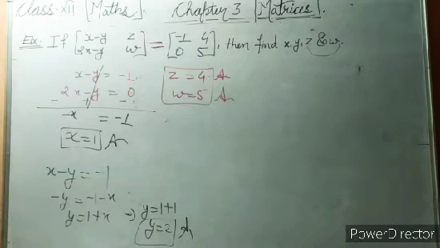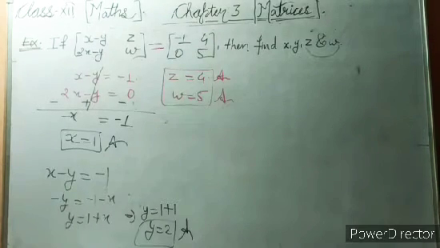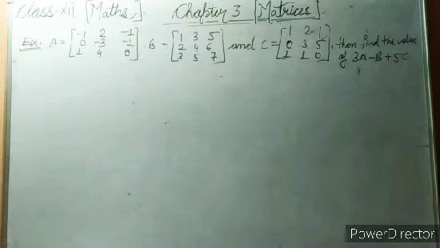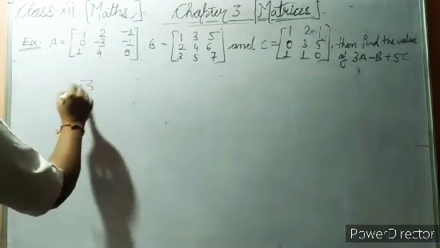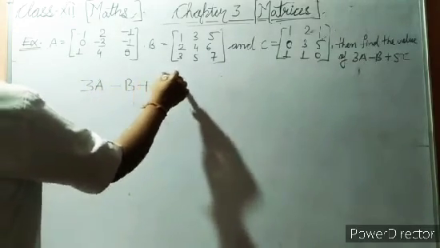So you try to solve exercise 3.2. If you have any doubt, any query, please ask me. I will explain one or two more examples. After that, you will solve all the exercise. You see, a very interesting question. Here the question wants you to find 3A minus B plus 5C.